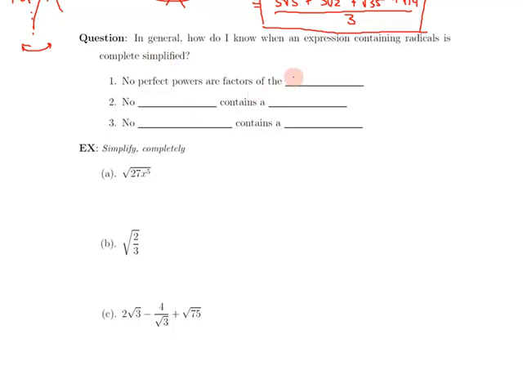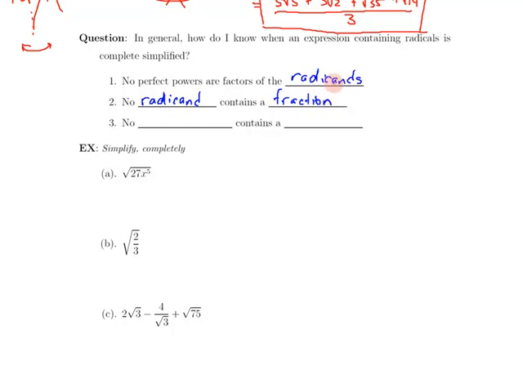Right, first thing you got to have is no perfect powers are factors of the radicands. Meaning for any radical in the expression, you can't pull out any more perfect powers. So if it's a square root, any more perfect squares, etc. The next thing you have is that no radicand contains a fraction, that is a fraction by itself, right?